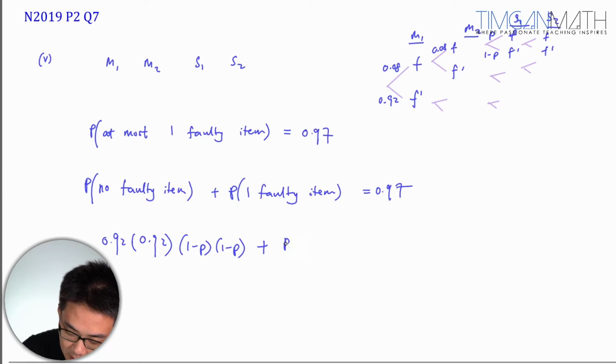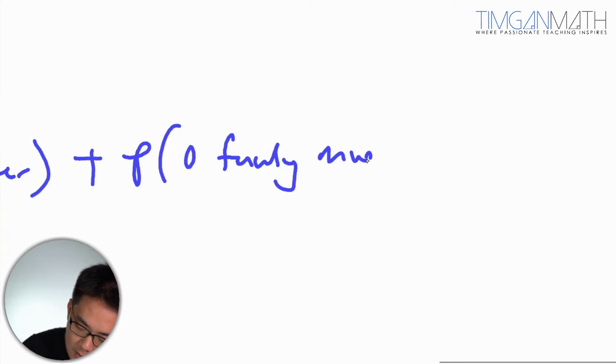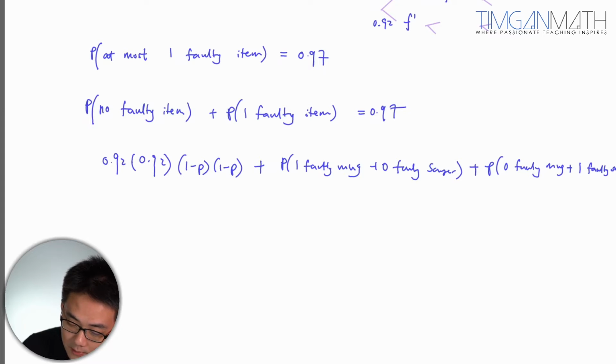So this will be the probability of 140 mark plus 0 40 saucer, plus probability of 0 40 mark plus 140 saucer. Okay, this part here I think is pretty okay. Then this is 0.97. It's such a long thing.